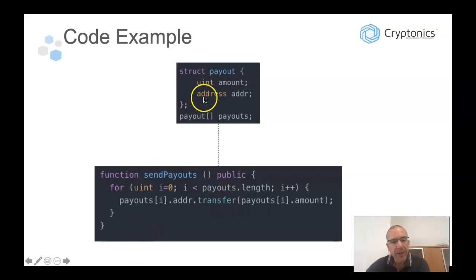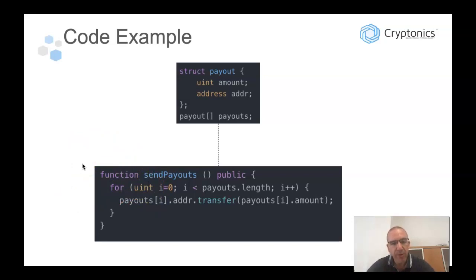But given that this array can grow in size, it can actually become too large, meaning that this payout here would consume too much gas and the block gas limit would be exceeded. And this basically would mean that this transaction here can never succeed. It would always fail. It would never be included in a block.